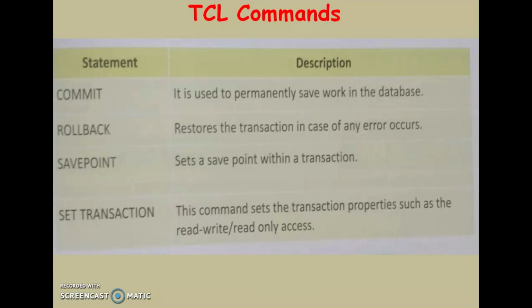It is used to permanently save work in a database. Rollback restores the transaction in case any error occurs. Save point sets a save point within a transaction. Set transaction. This command sets the transaction properties such as read, write, or read only access.